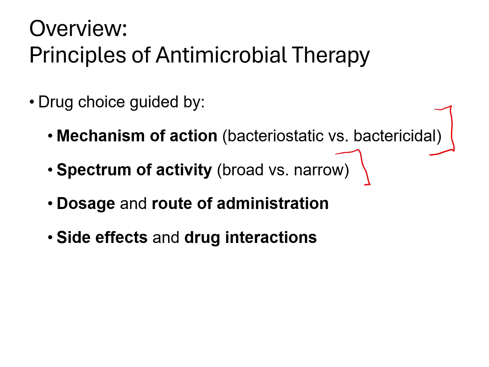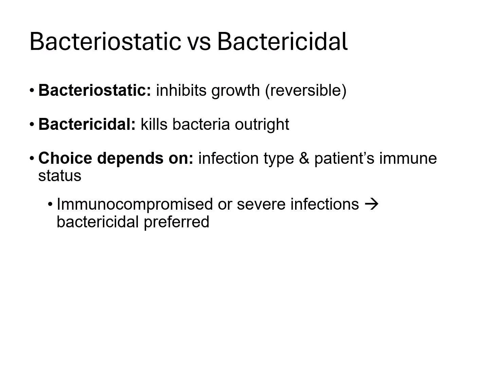The spectrum of activity. So do we need something that kills many different types of microbes, maybe gram-positive bacteria, gram-negative bacteria, and fungi? Or do we want something that has a narrow spectrum and just, for instance, kills gram-positive bacteria only? We also need to look at the dosage and route of administration, as well as side effects or drug interactions. Let's do a quick refresher on those terms.